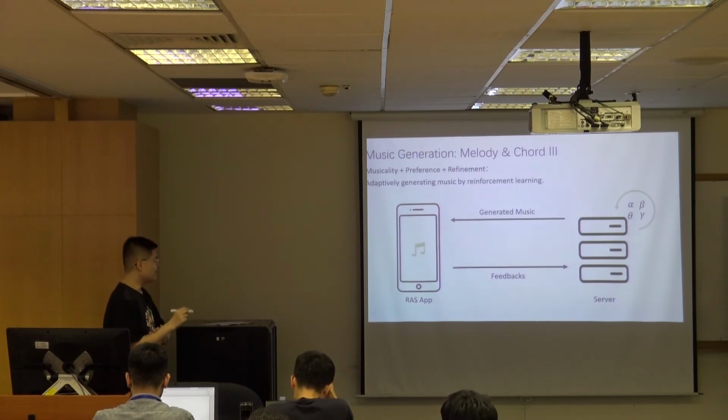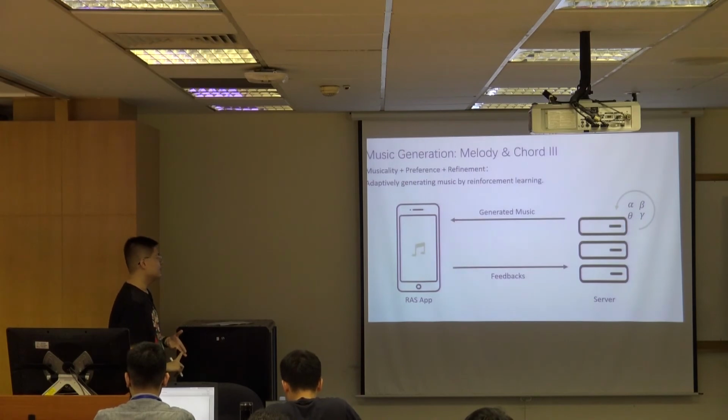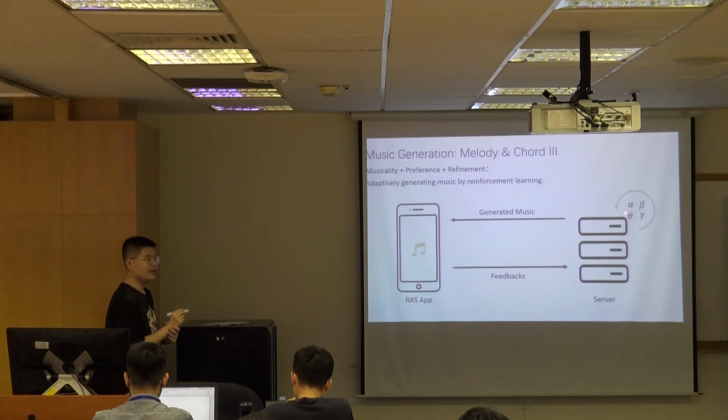Then the program will use reinforcement learning to learn from the feedback of the patient and adjust the music parameters. So the generated music will adaptively refine according to the feedback and regeneration.